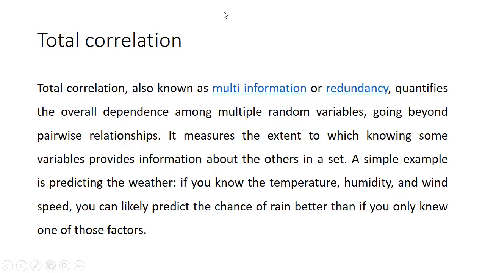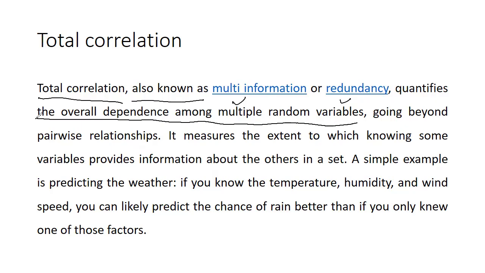Another term in multiple correlation is total correlation. The total correlation, also known as multi-information or redundancy, quantifies the overall dependence among multiple random variables, going beyond pairwise relationships.